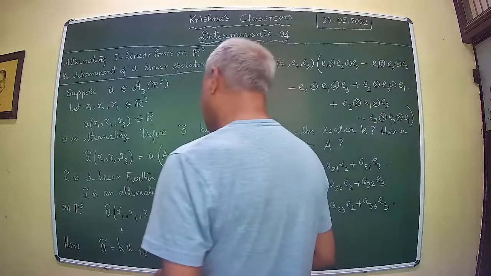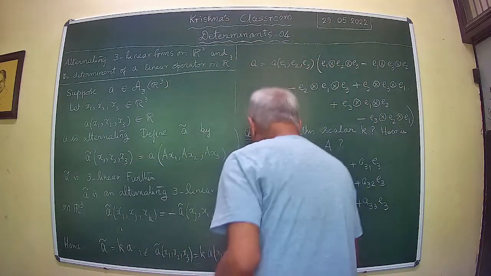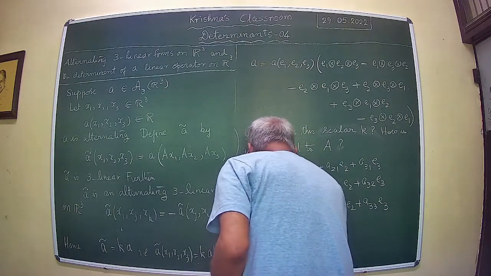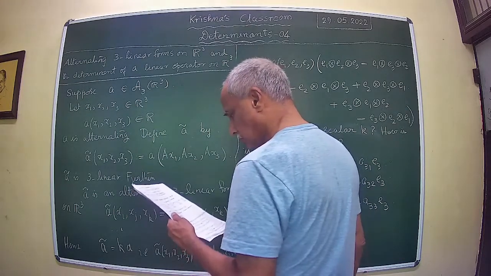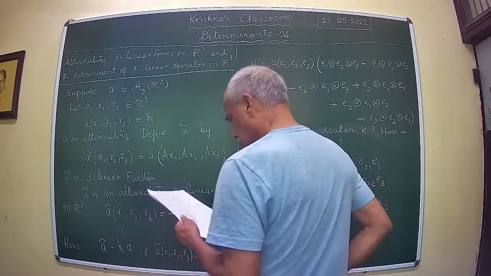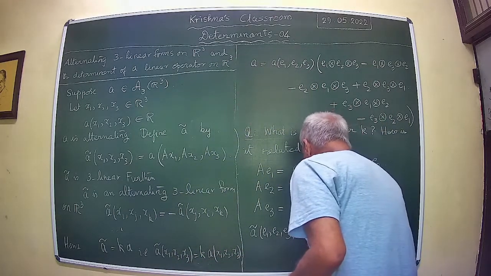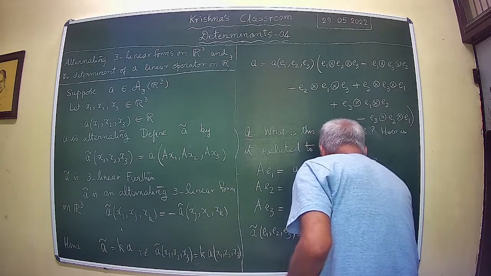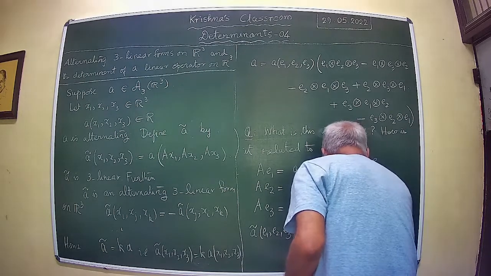Now calculate A tilde of E1, E2, E3. So A tilde of E1, E2, E3 is by definition equal to A of AE1, AE2, AE3.